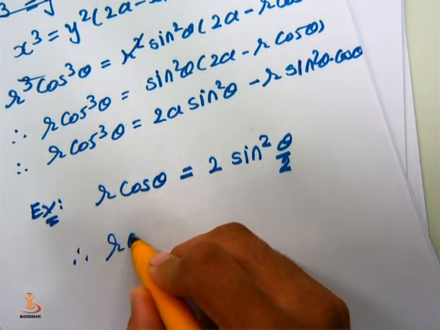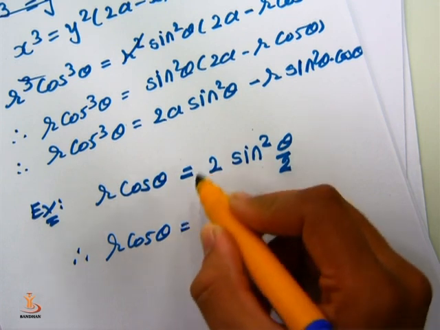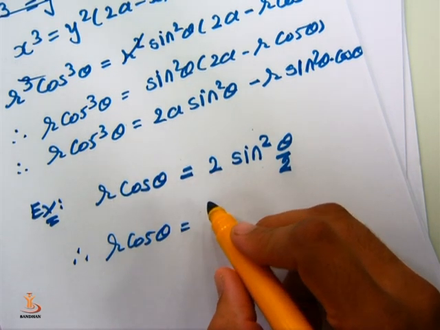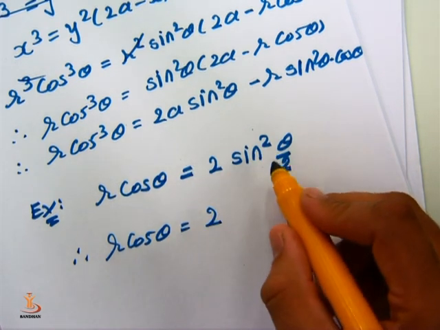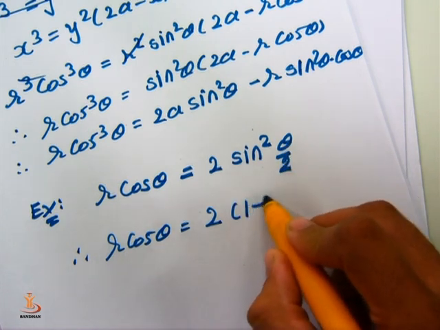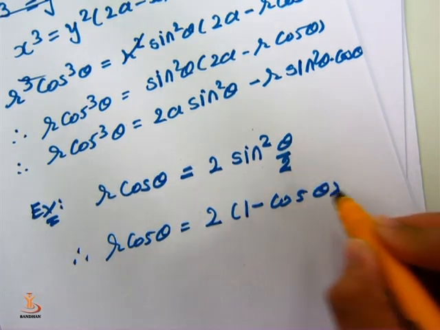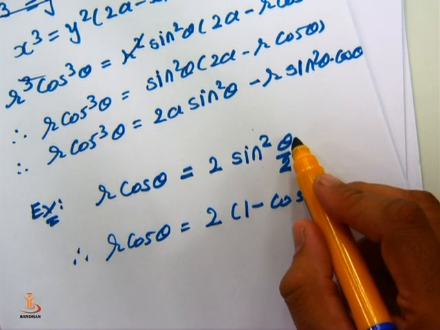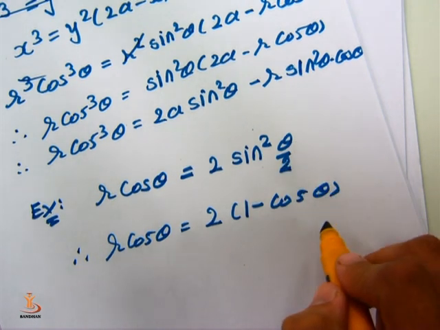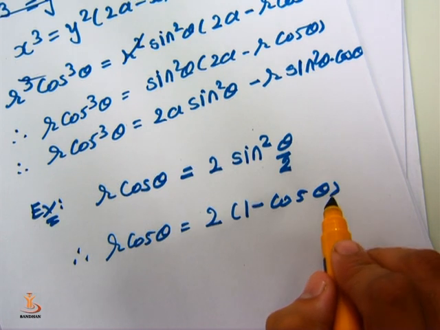So left hand side there will be no change, and for the right hand side we have a very basic identity: 2 sin square theta equals 1 minus cos 2 theta, but right now we have theta by 2.